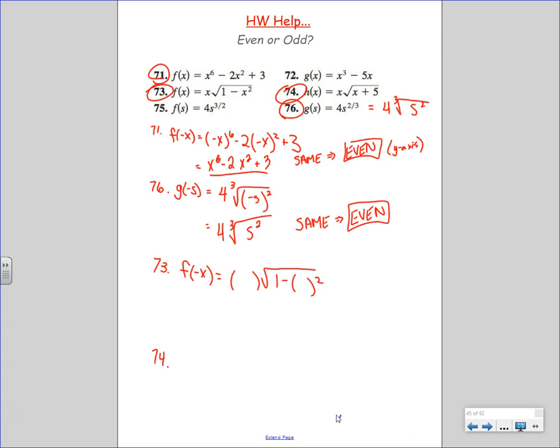Only the plug-in is changing. Only the input. 74. And plug in negative x, negative x.